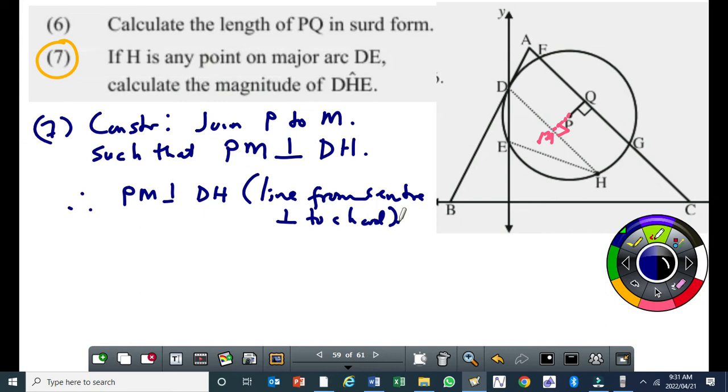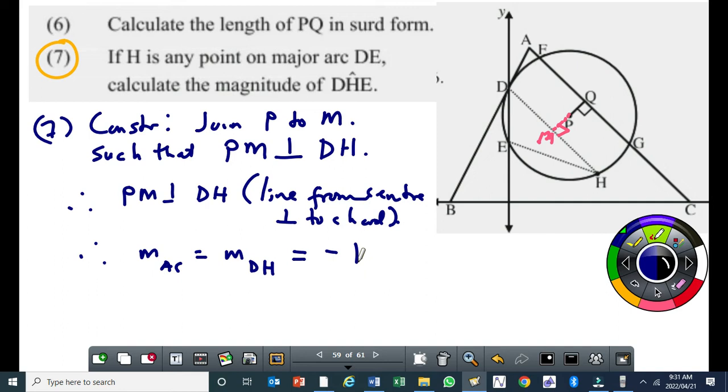So we can say the gradient of AC will be equal to the gradient of DH. And this gradient, we got it yesterday, it was equal to -1.